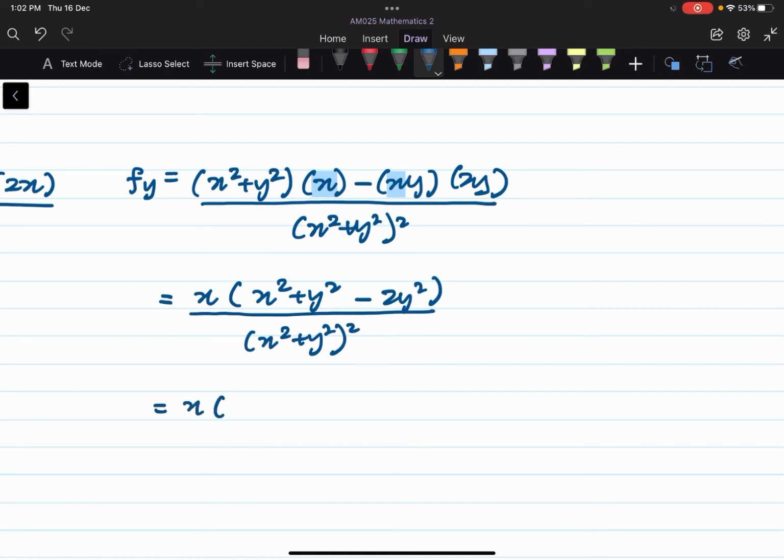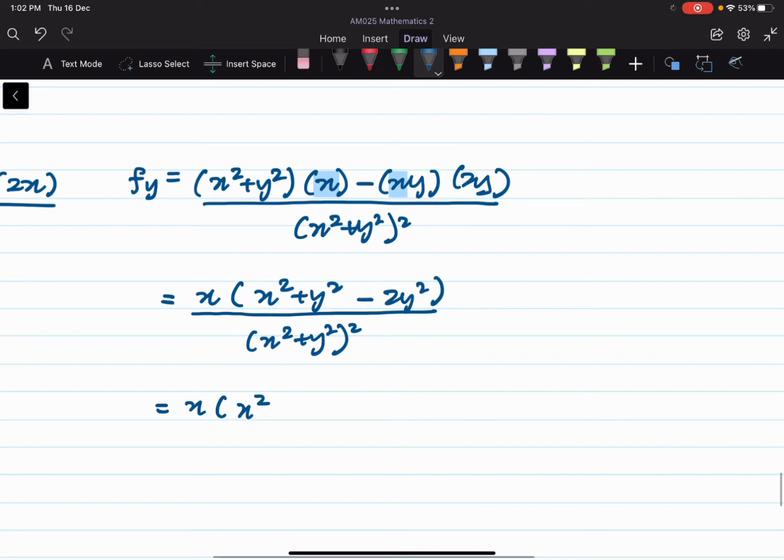So x squared, y squared minus 2y squared is negative y squared, divided by x squared plus y squared, squared.